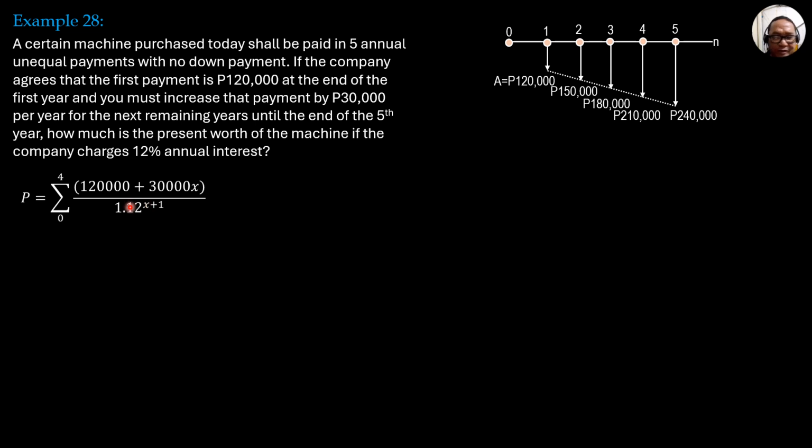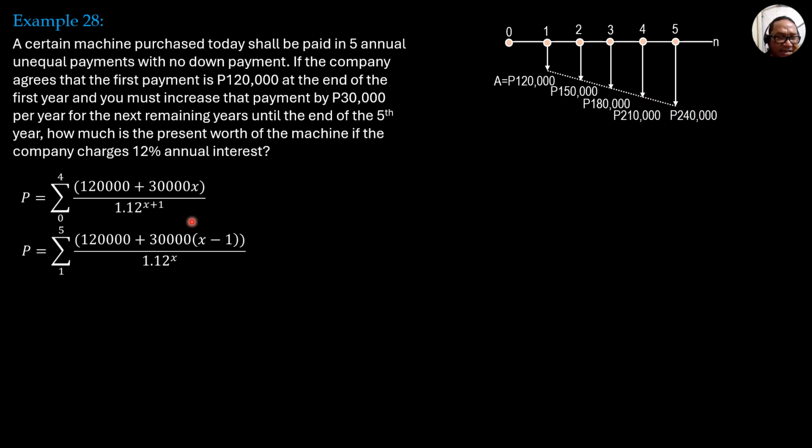Using your calculator's summation key, you'll get the answer. By the way, if you begin at 1 and end at 5, this is also an alternate solution. So 120,000 plus 30,000 times quantity x minus 1, so that when x is 1, this is 0, so 120,000, then 1.12 raised to 1.